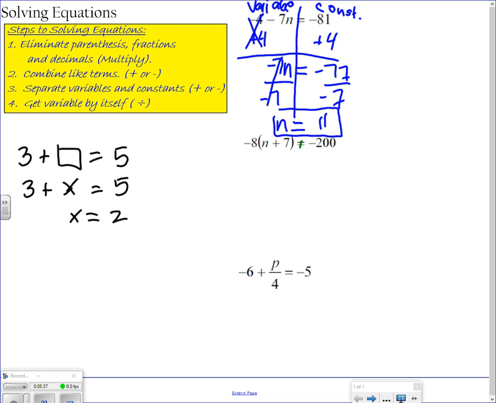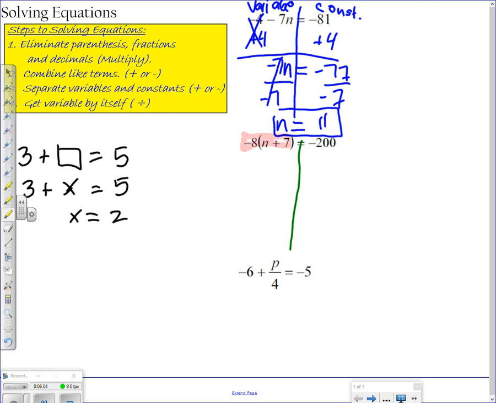Put the line where the equal is. Now, step number 1 is eliminate parentheses, fractions, and decimals, and you do it by multiplying. Look at the problem. Do you see any parentheses, fractions, or decimals? What I see is a parenthesis.